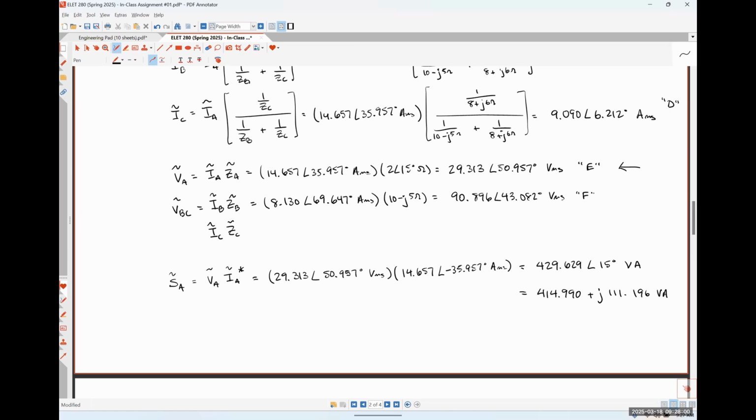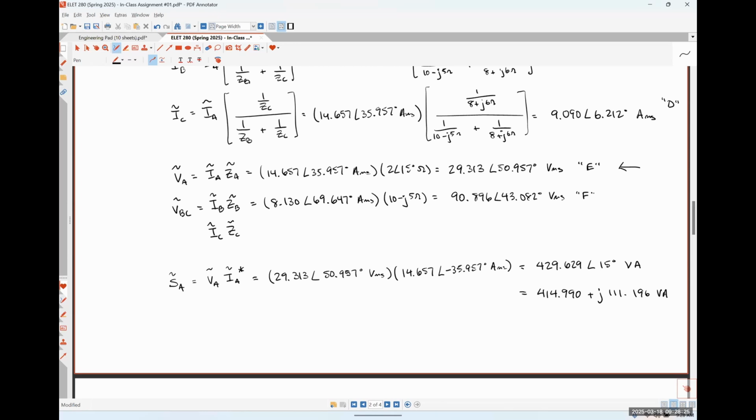So before we move on from this, how many of you guys were able to replicate those results? See a couple of people raising their hands, so good deal. So if I look at problem 2, part A, it specifically asked me to determine the average power absorbed by that impedance.